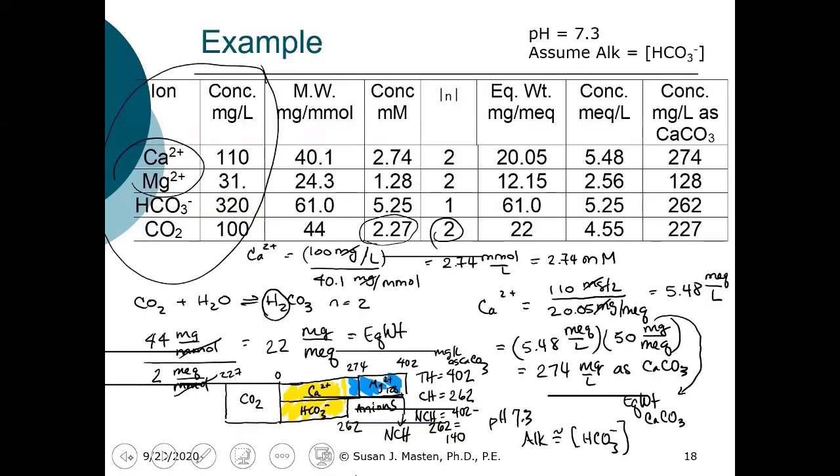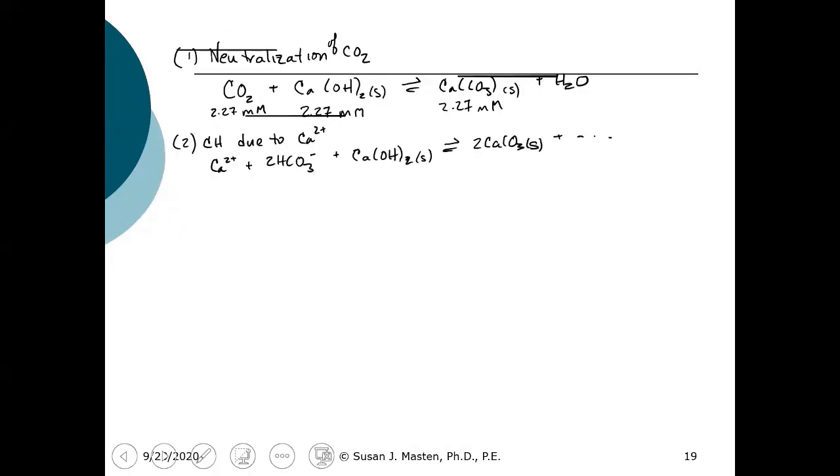Okay. So how much carbonate hardness do we have that's due to calcium? This is why our bar chart becomes really helpful. So let's look back. What is the carbonate hardness due to calcium? Looking at your bar chart, 262, exactly. That was milligrams per liter.